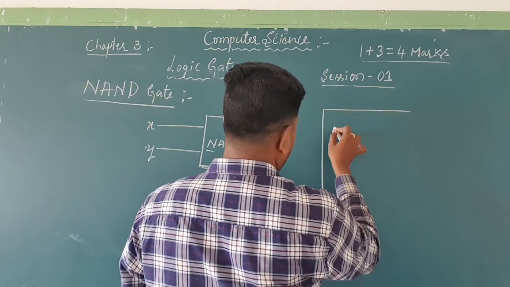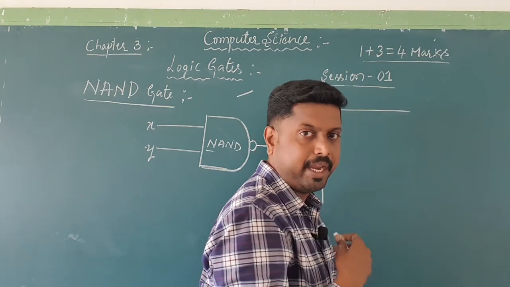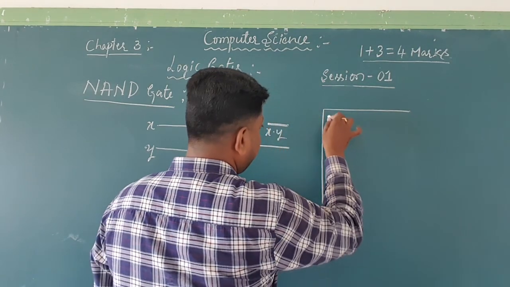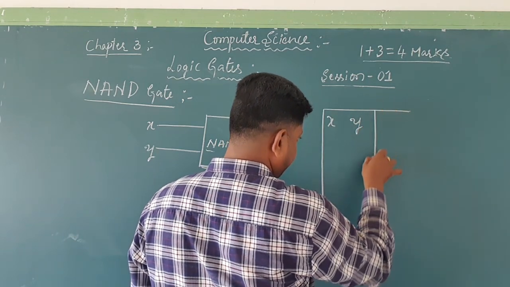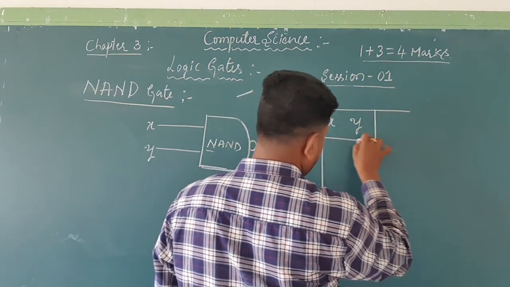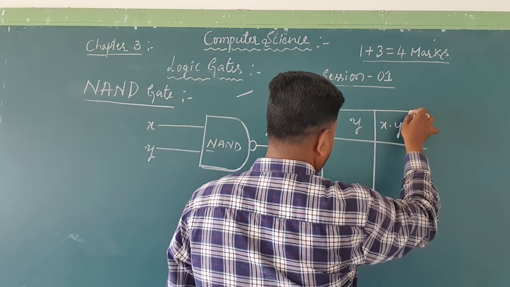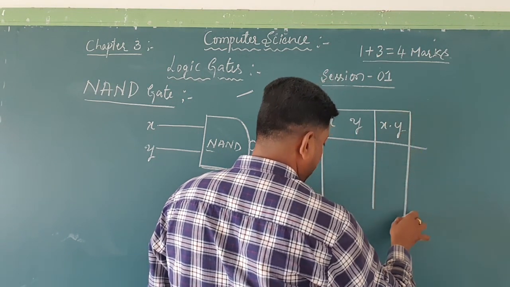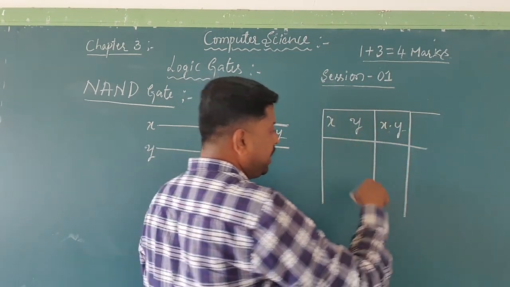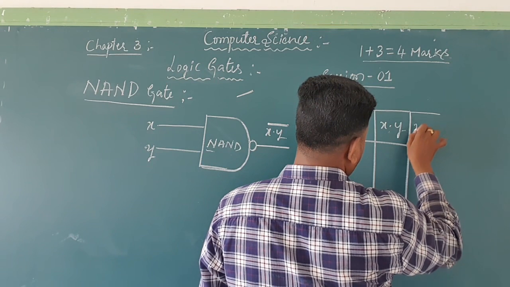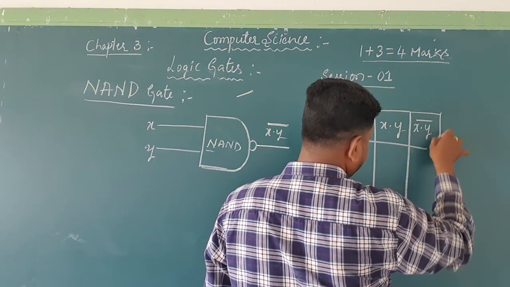For your reference, I will write the AND gate results, then I will complement them. First, X and Y are the two inputs. X into Y is the result of the two inputs with the AND operation, and we make this output into NAND by adding the whole bar.